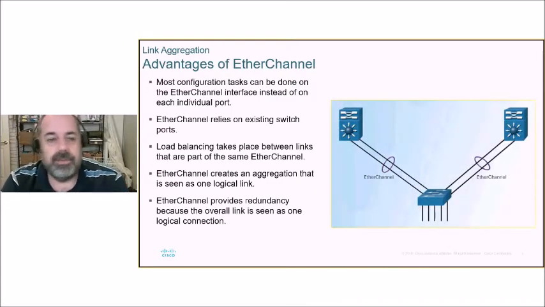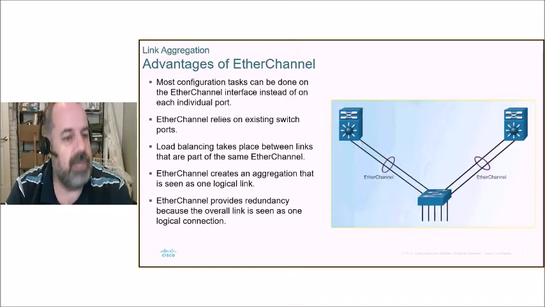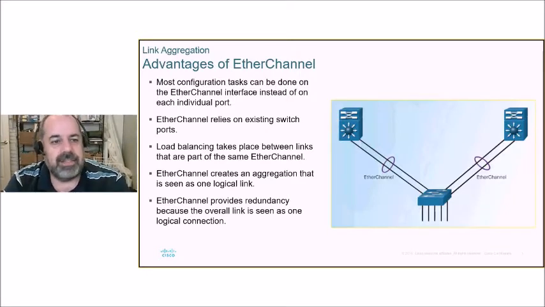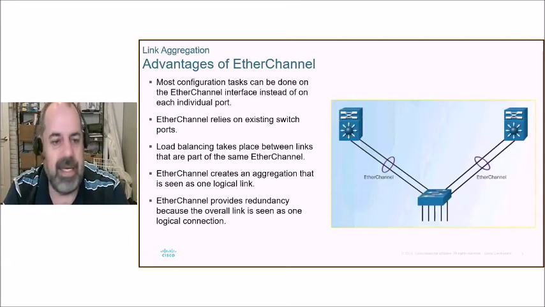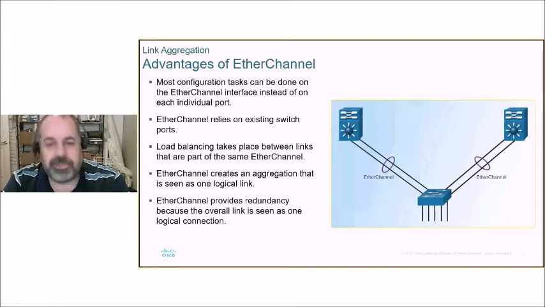By using EtherChannel or another link aggregation protocol, you can combine those two physical links into one logical link. You can configure that logical link as if it were a physical port. You can change its settings and the like, and they behave as one. Also, spanning tree treats it as one link, so both cables will be available for use and you can double your bandwidth.